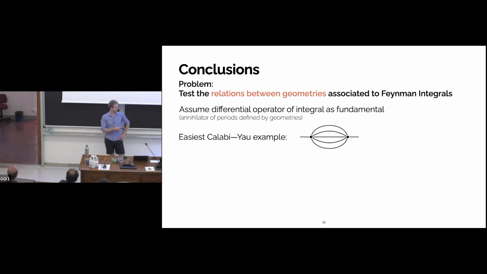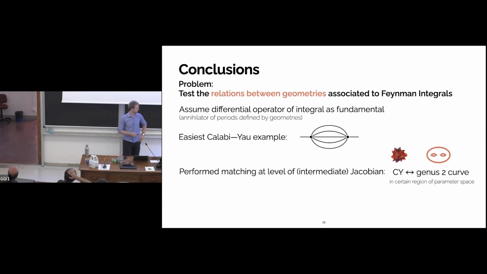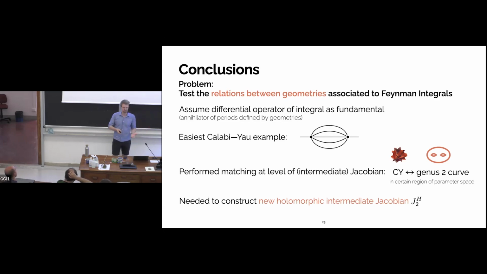We then looked at the easiest non-trivial Calabi-Yau example we can think of, the four-loop banana integral at equal mass. We performed a matching of periods at the level of intermediate Jacobians. This way, in certain regions of the parameter space, we were able to find an exact correspondence between the Calabi-Yau and a genus 2 curve. To do this, we needed to construct a new holomorphic intermediate Jacobian that satisfies all the properties that we wanted.